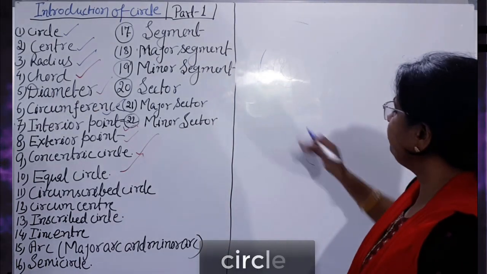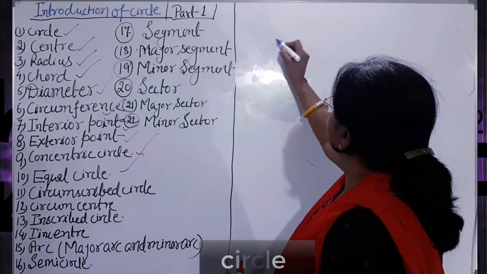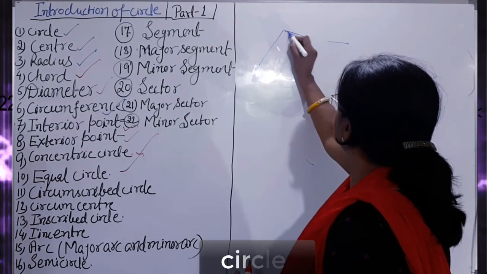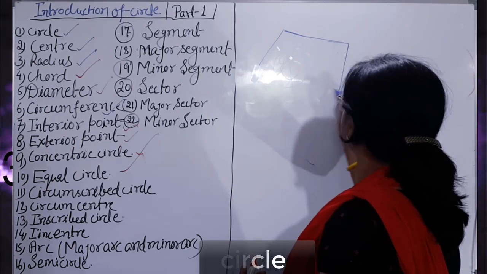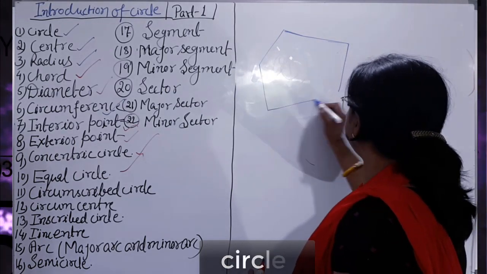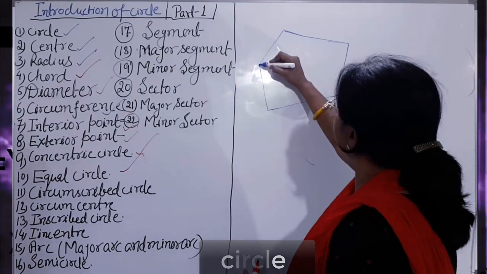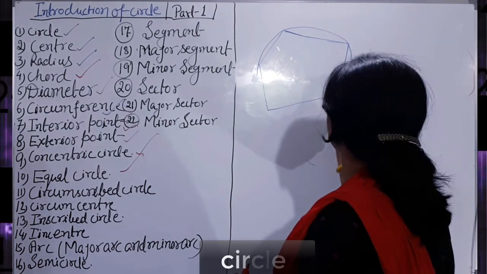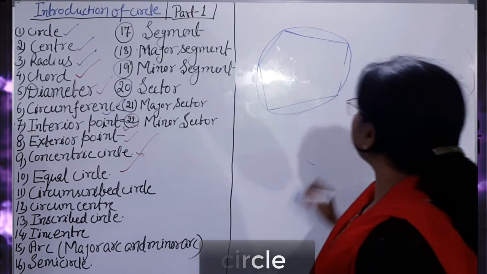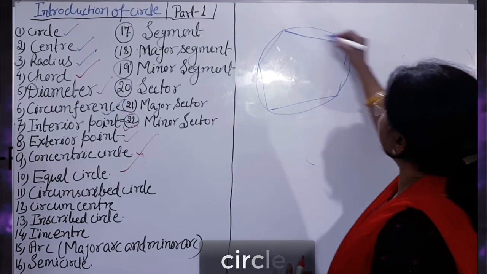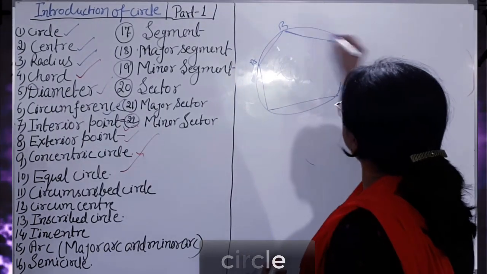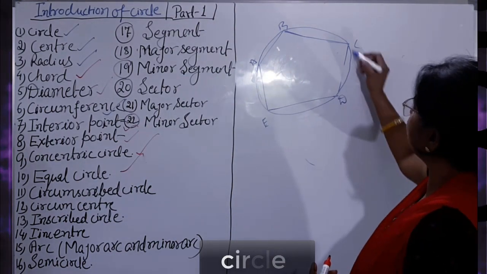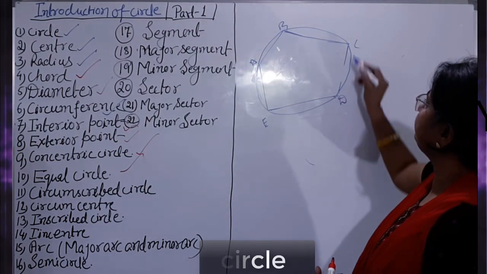Suppose I have drawn a polygon, suppose a pentagon with vertices A, B, C, D, E, and a circle passing through all the vertices of the pentagon.